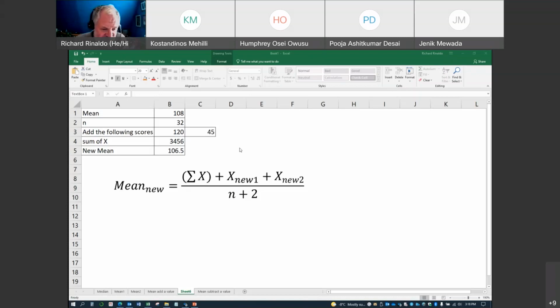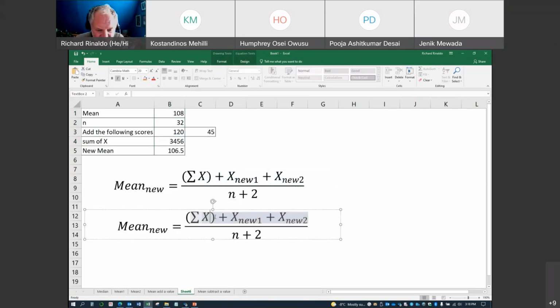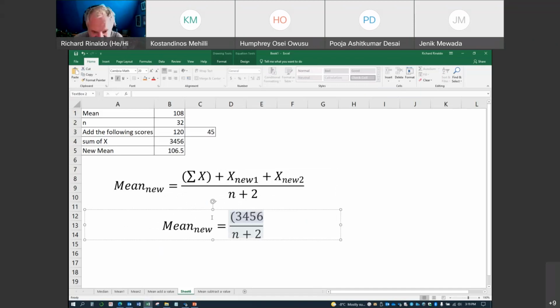So my new mean is my old sum of x, which is the mean times n, which is 3,456, plus the 120 plus the 45, divided by 32 plus 2, because I'm adding 2 scores.